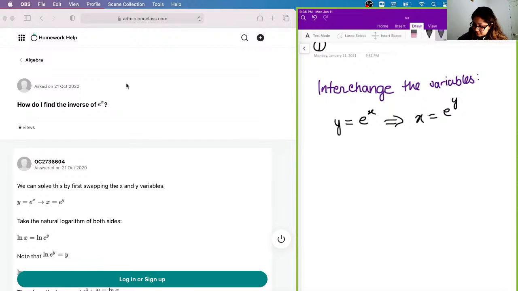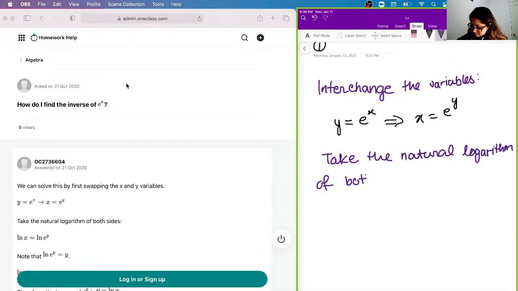So the next step is to take the natural log, which is your ln, of both sides. Now we have ln of x is equal to ln of e to the power y.